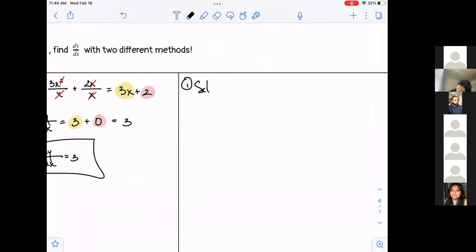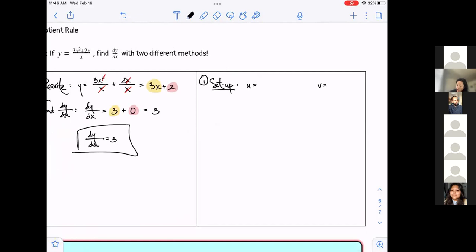So set up U in this case and V, all right? What would the U be in this case? Three x squared over x. Go back to the original, all right?